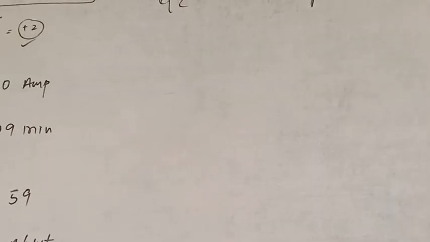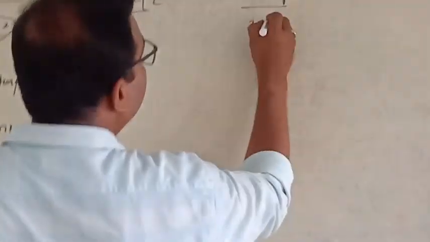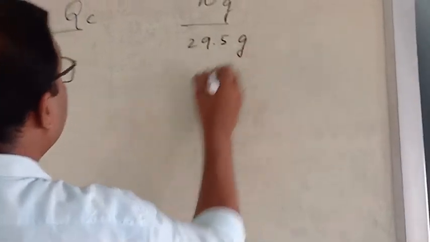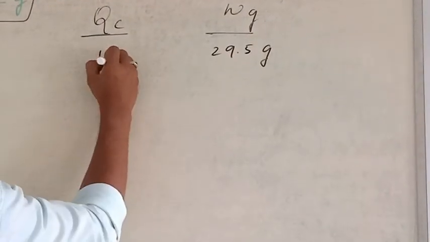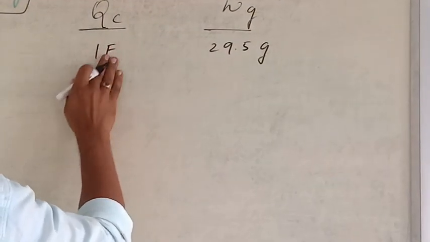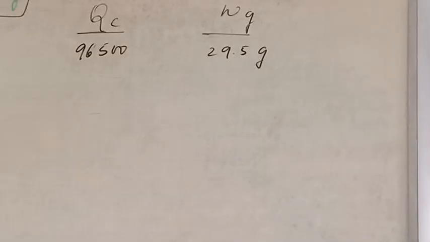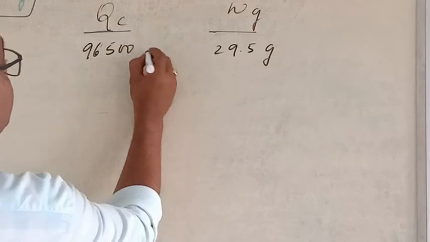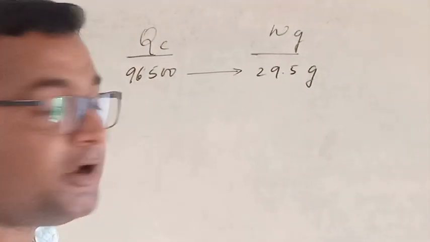In order to deposit one equivalent weight of cobalt, that is 29.5 gram, the quantity of current required is 1 Faraday, because 1 Faraday is nothing but 96,500 coulombs, which is exactly equivalent to 29.5 gram of cobalt.